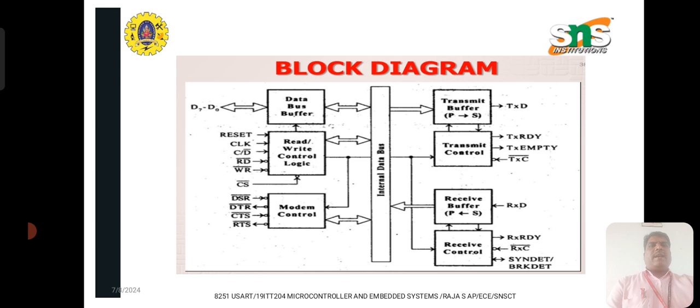Sometimes they may ask how serial data is converted into parallel data, or explain about 8251, or explain about USART, or what is the IC used for converting serial into parallel or parallel into serial. So in this YouTube video I discussed the 8251 uses and how it can be used in real time.